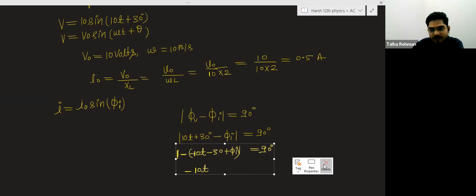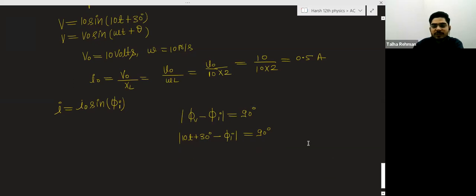It is becoming complicated. So basically what we should do, we should write it as 10t plus 30 degree minus phi I is equal to 90 degree.